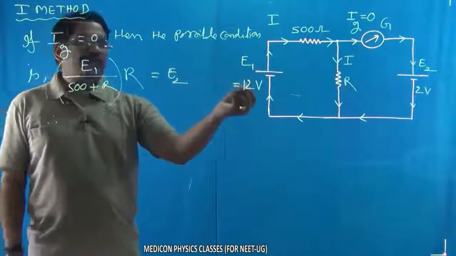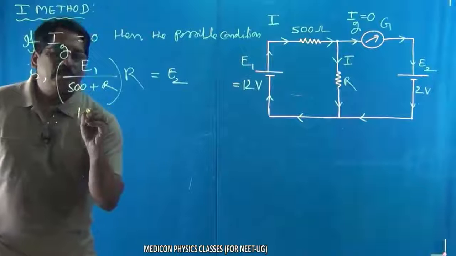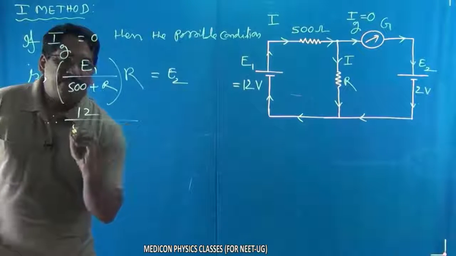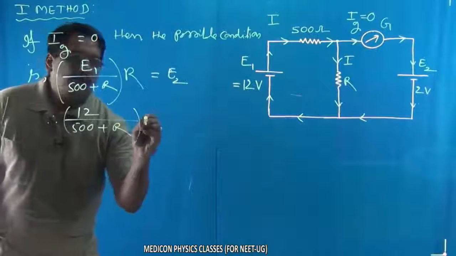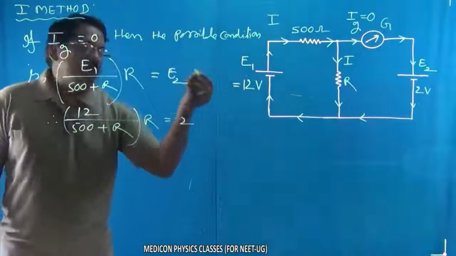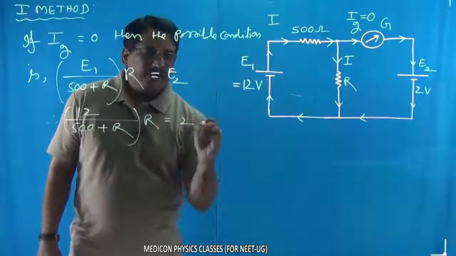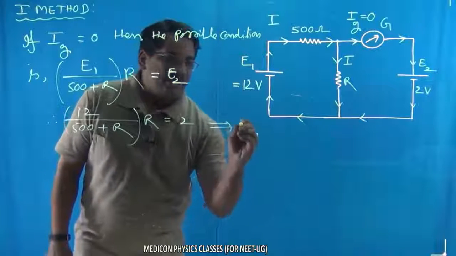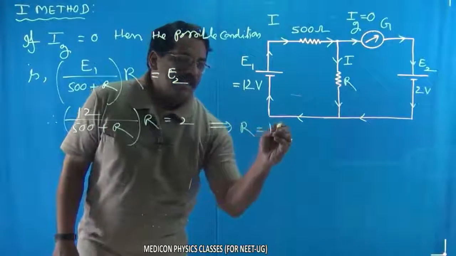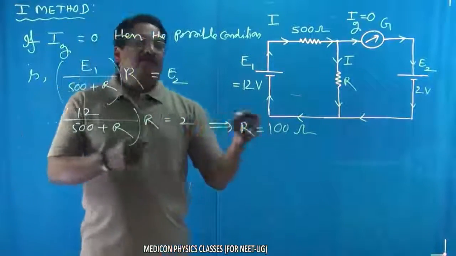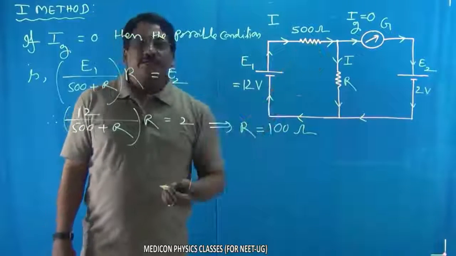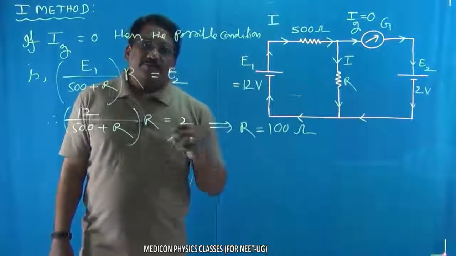Therefore, let's substitute the values. E1 is 12, divided by 500 plus R, into R is equal to 2, and this simplifies, this implies, so we arrive at the answer already. This is R equal to 100 ohms, that is option 2 is our correct answer.